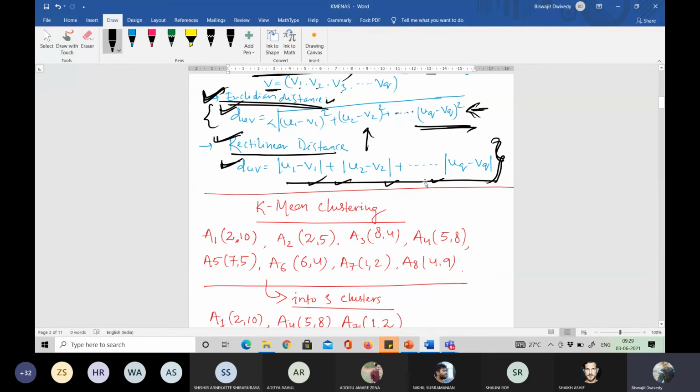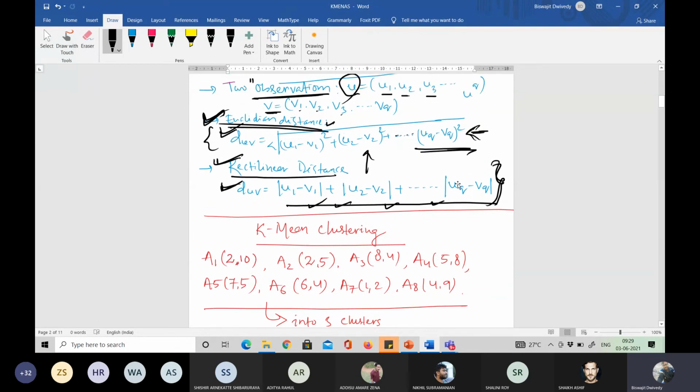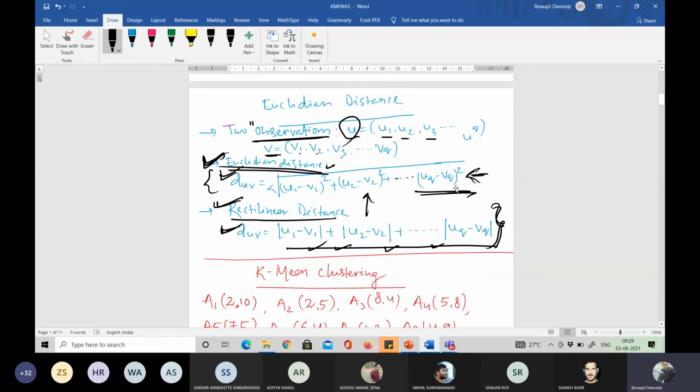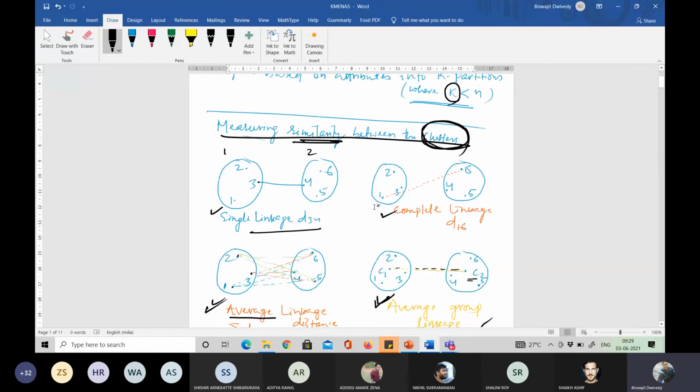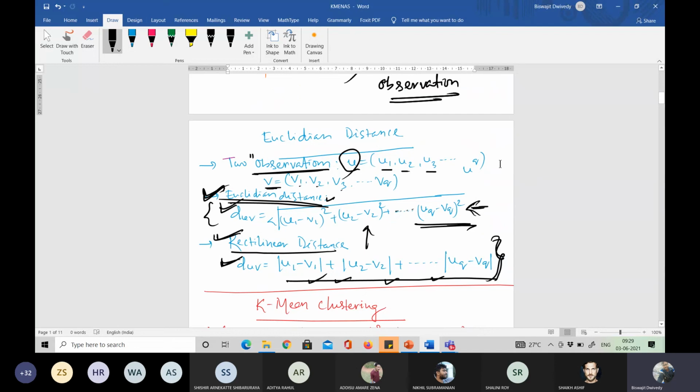So now these are the fundamental things which will be used for finding the distance or similarity between points. First, let me remind you, these are the four ways of finding the similarity between two clusters, and these are the two ways to find the distance between two observations, or two cluster points, or simply 2 points.